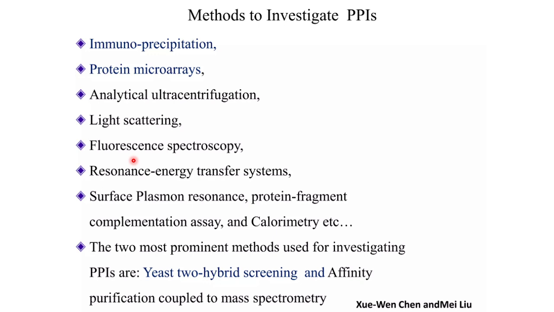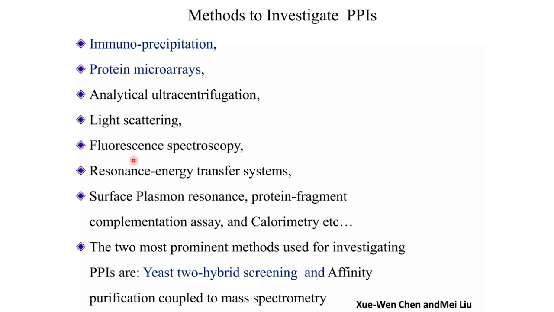Also, there are other protein-protein interaction assays which you can use to investigate these interactions. You have immunoprecipitation, protein microarrays, and the analytical ultracentrifugation technique. You can undertake dynamic and static light scattering experiments. Then you have fluorescence spectroscopy.